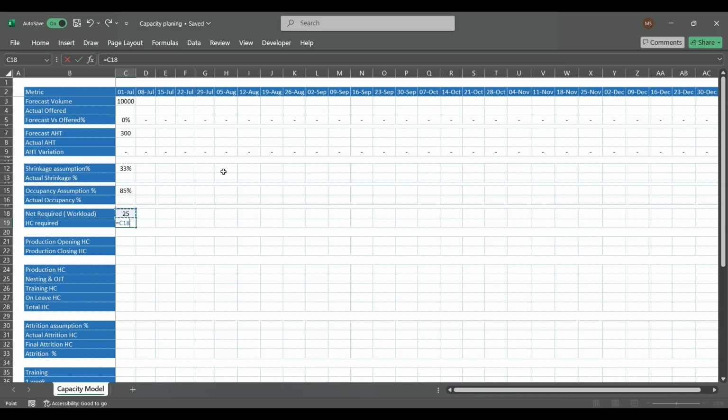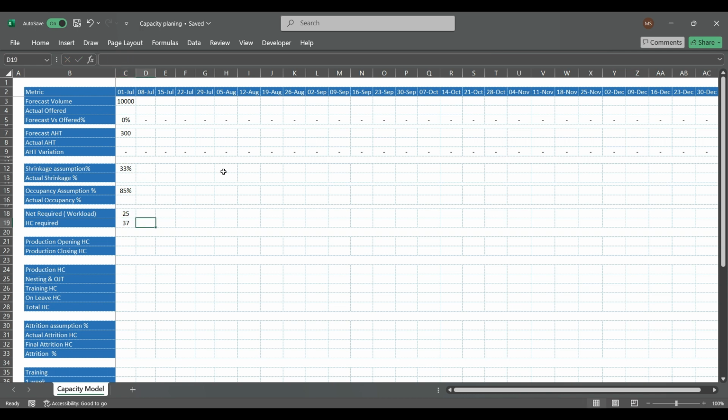Since 25 is the net requirement and we need to calculate the headcount requirement, we need to divide by 1 minus the shrinkage.